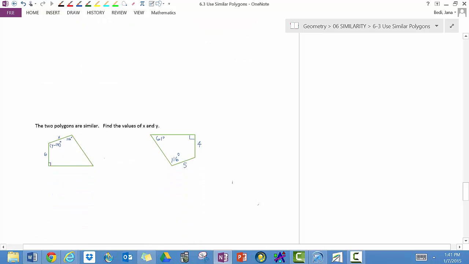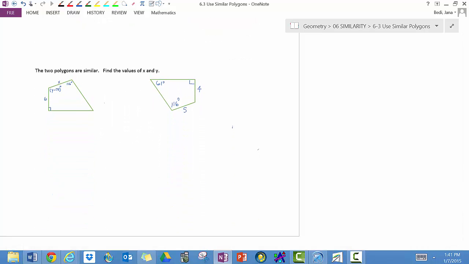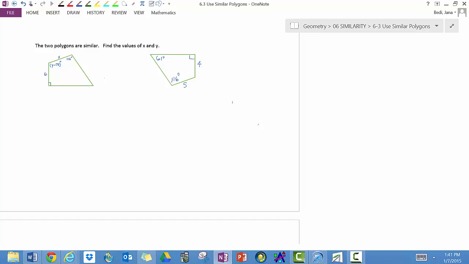Okay, a couple more problems. In this particular problem, you may want to mentally redraw these figures or physically redraw these figures so that they are in corresponding positions. Find the corresponding sides. That is, corresponding sides are sides opposite the same angles.